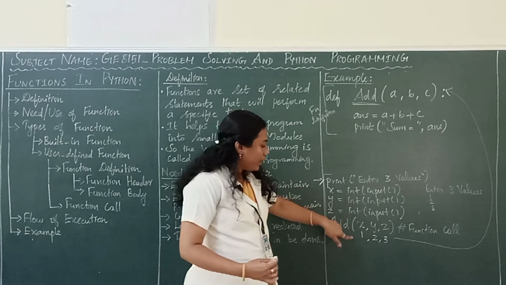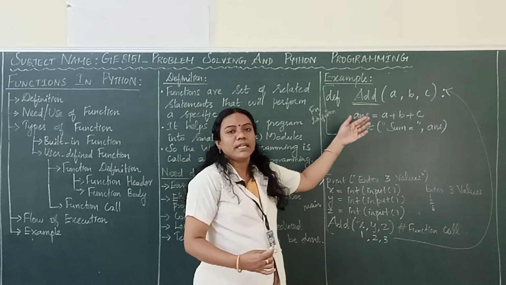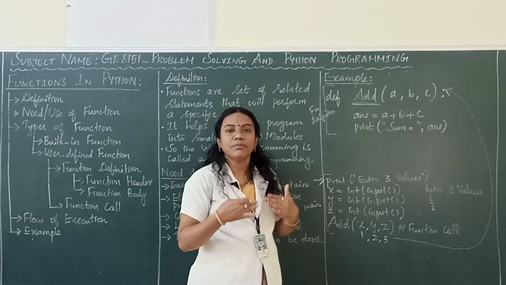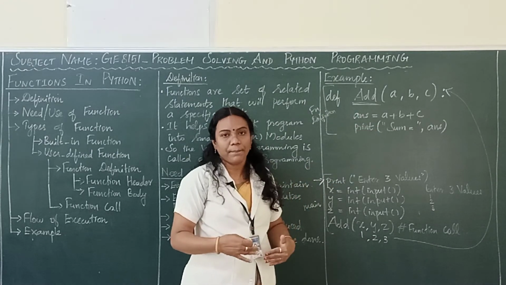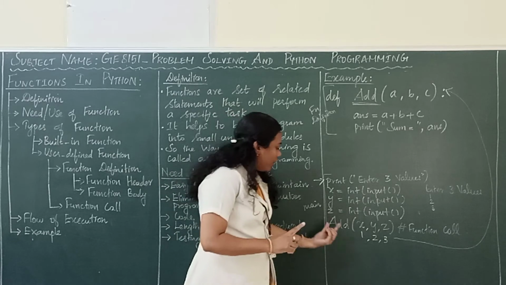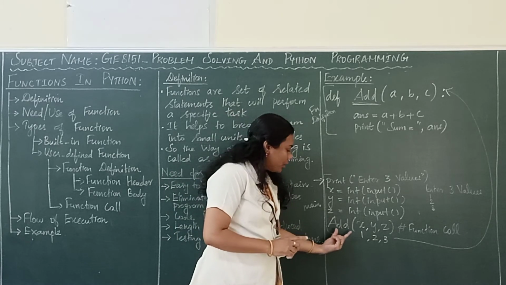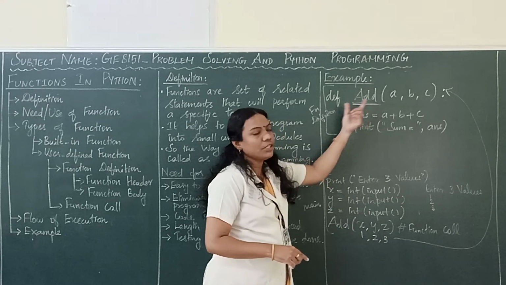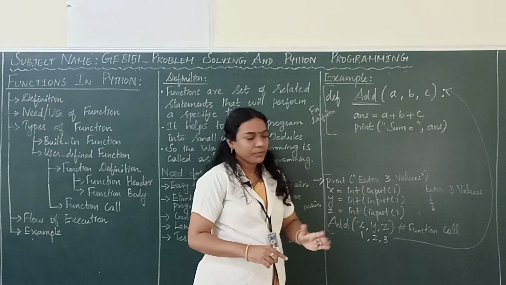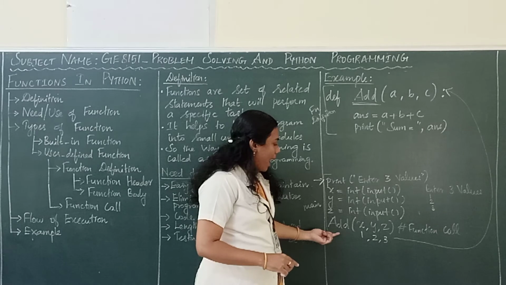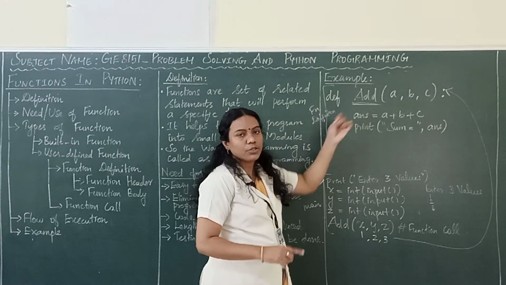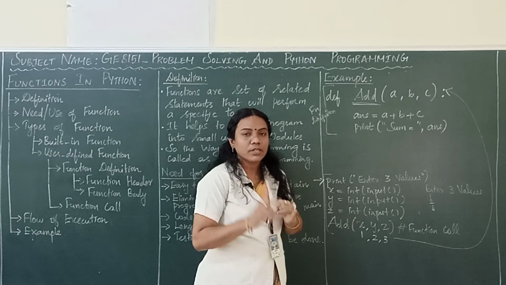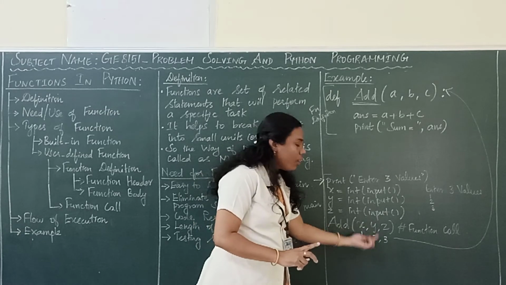In order to execute the function definition, some checking is done internally by the interpreter. First, it checks whether the function name in the function call and the function definition are the same. Here it is add, and there also it is add, so the first check is over. Second, it checks the number of arguments.